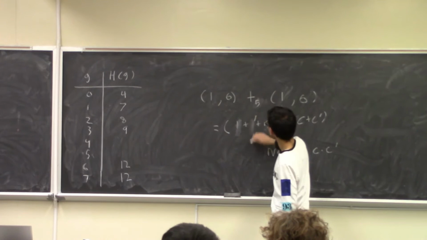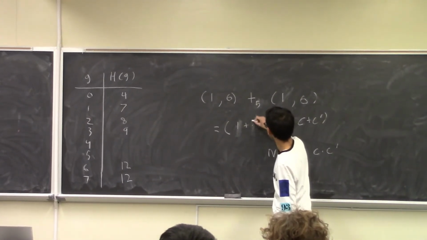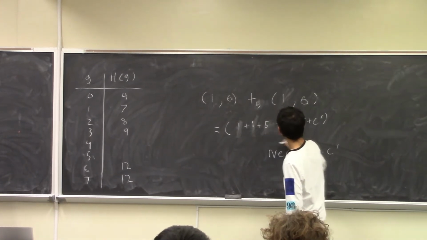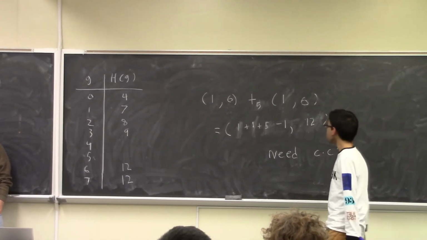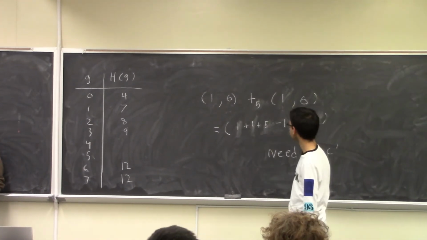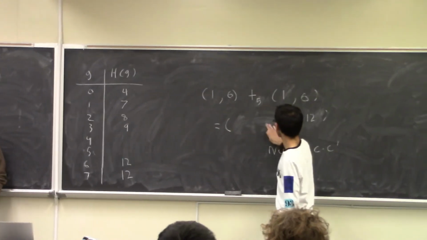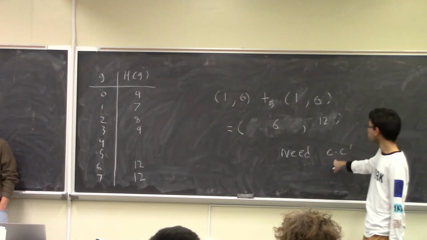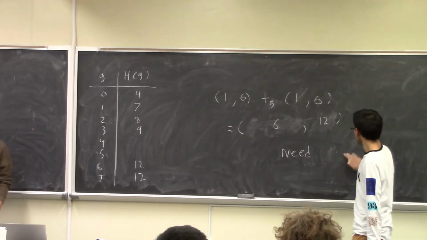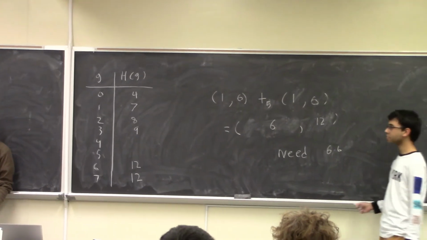Then the number of colors is going to be 12. So we get a genus 6 surface with 12 colors. But what we need to do is make 6 times 6 connections. So we need 36 connections.